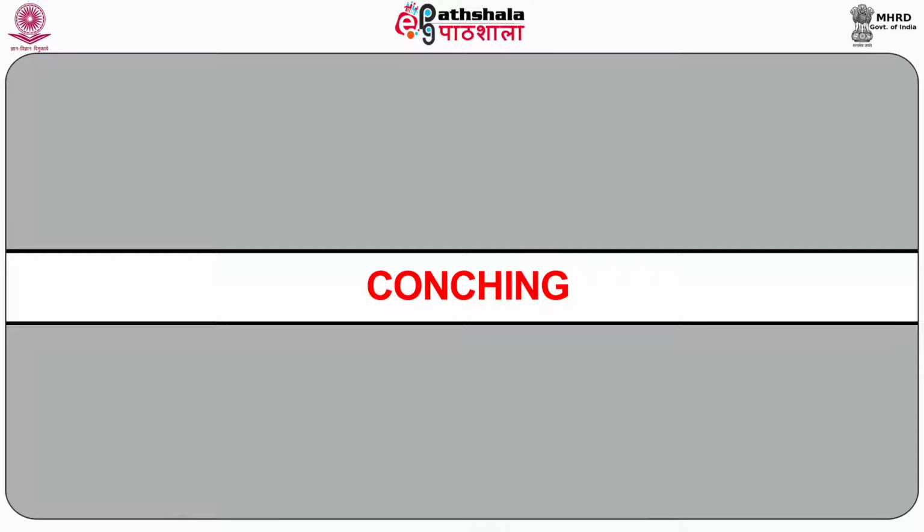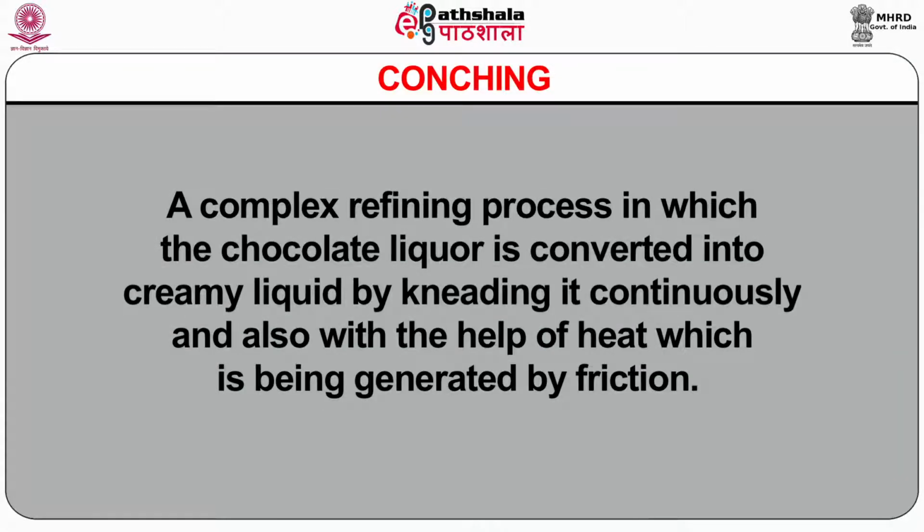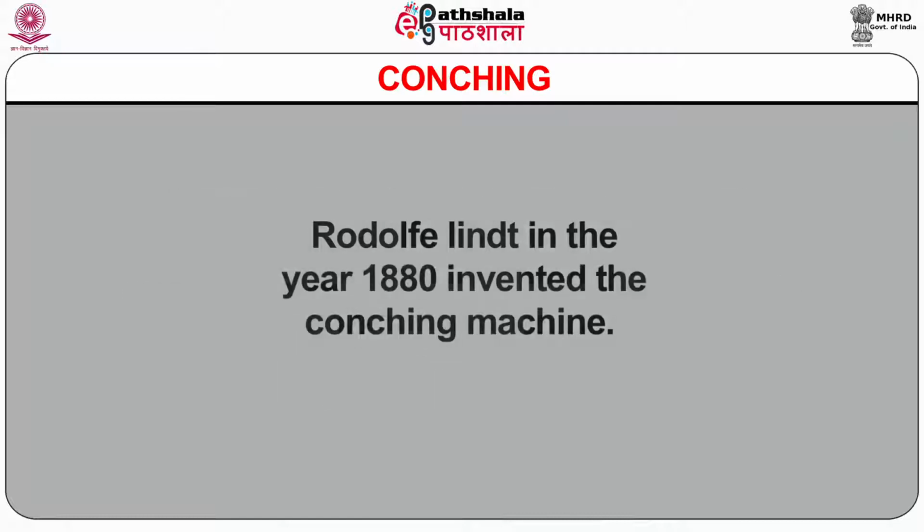Conching: a complex refining process in which the chocolate liquor is converted into a creamy liquid by kneading it continuously and also with the help of heat which is being generated by friction. Rudolf Lindt in the year 1880 invented the conching machine.